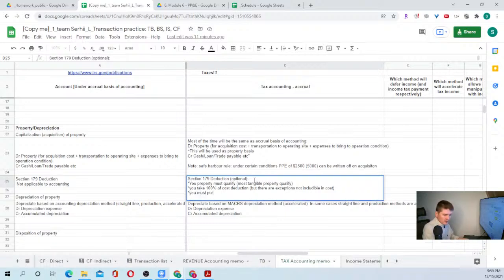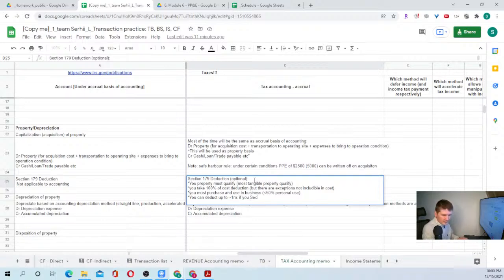You must purchase and use it in business, with less than 50% personal use. You can deduct up to approximately $1 million.